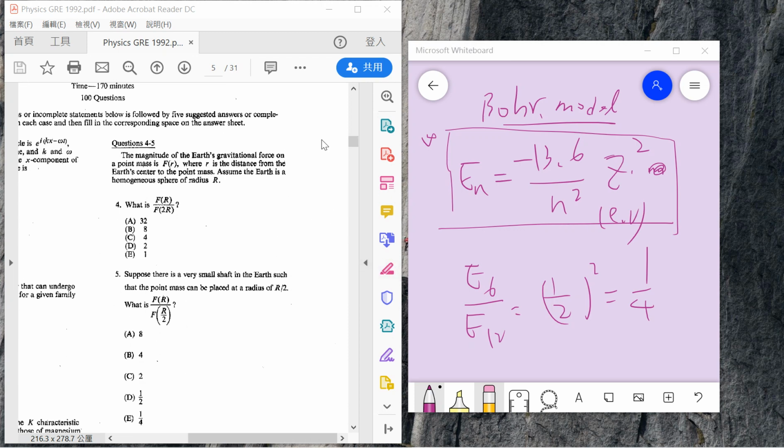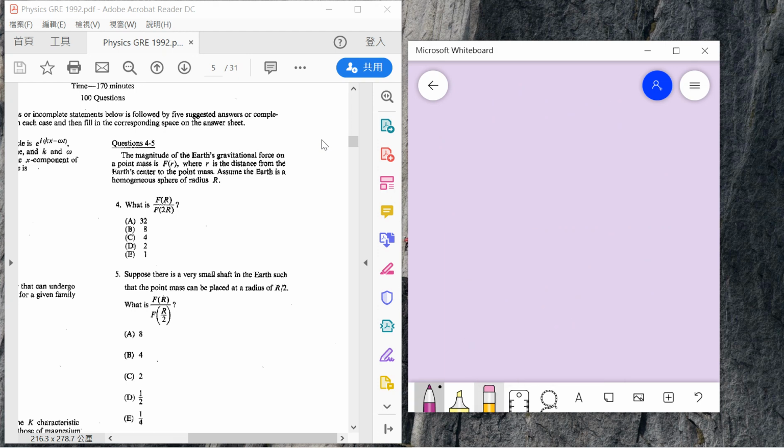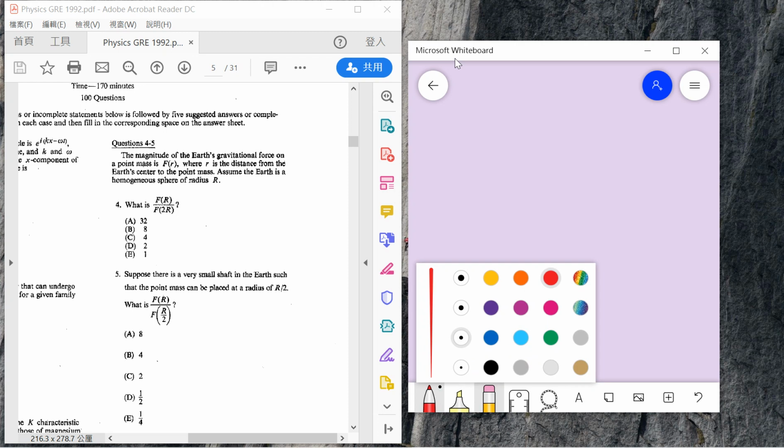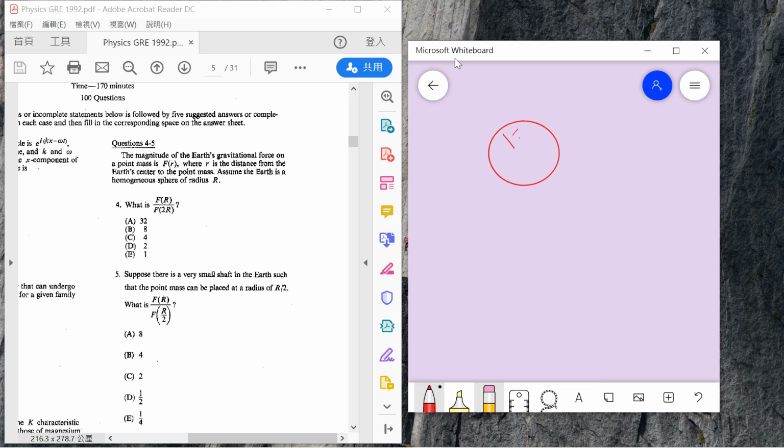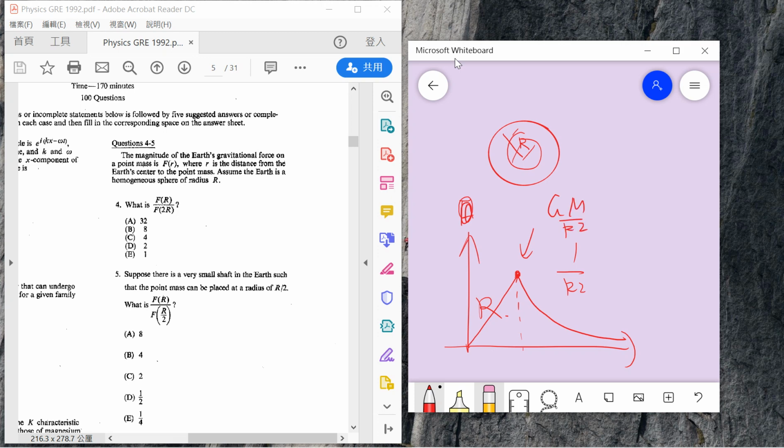Okay, next asks about the gravitational force, which you also need to remember. For a uniform sphere with radius r, the gravitational field increases linearly from 0 to r, and then decreases quadratically, as 1/r squared.